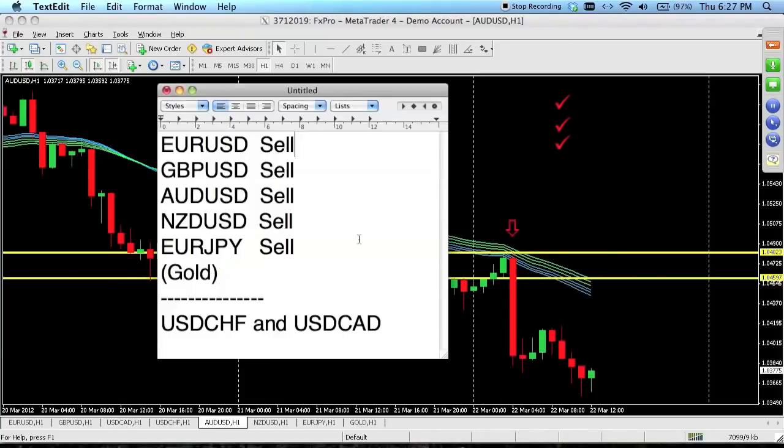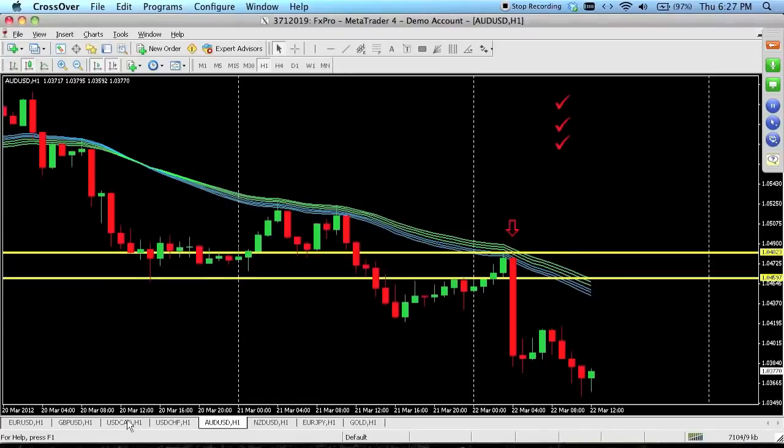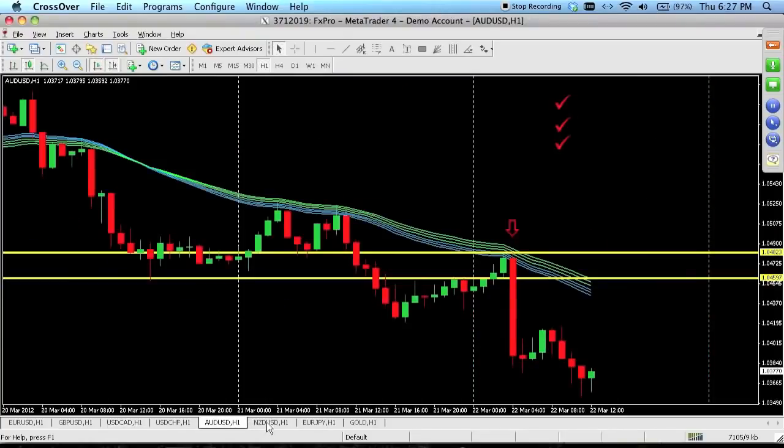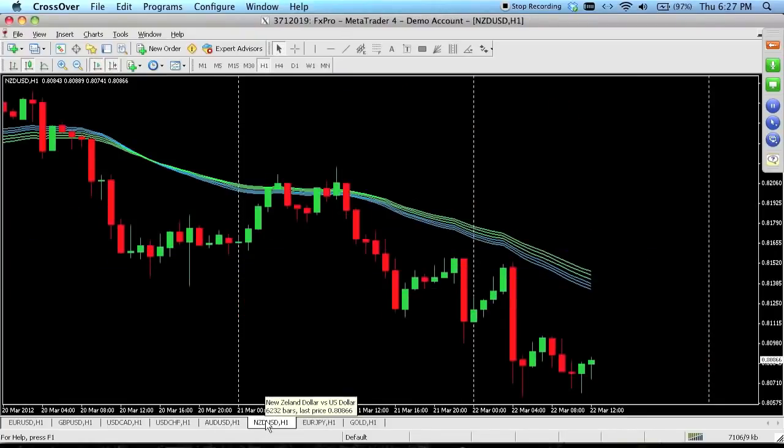Aussie dollar is a sell, which means opposite on these two pairs, which would mean buy on these two pairs. Now, we have a touch on US dollar CAD. We have a touch on Aussie dollar. Let's take a look further down. New Zealand dollar, no touch, but the market did go in the same direction.